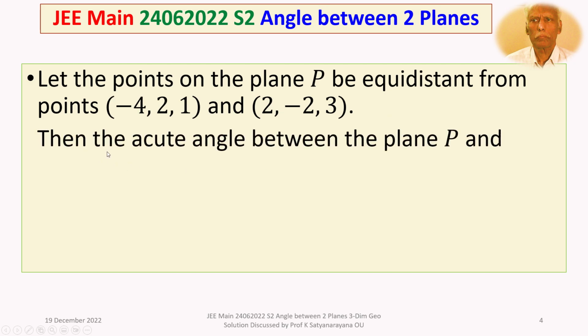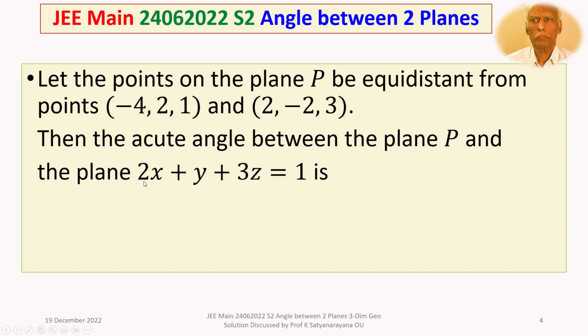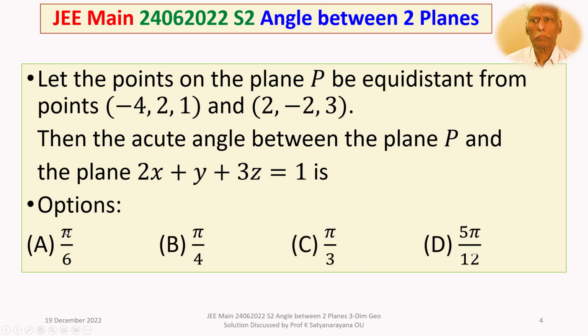Then the acute angle between the plane P and the plane 2x + y + 3z = 1 is, we are given four options. Option A, pi by 6. Option B, pi by 4. Option C, pi by 3. Option D, 5 pi by 12.